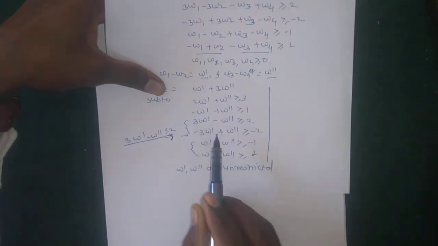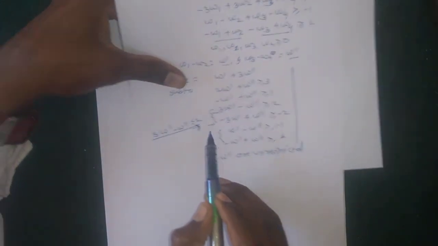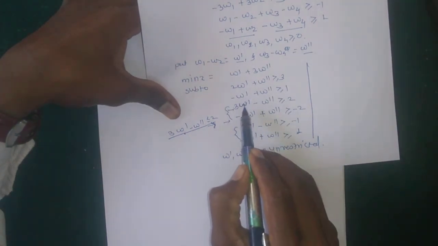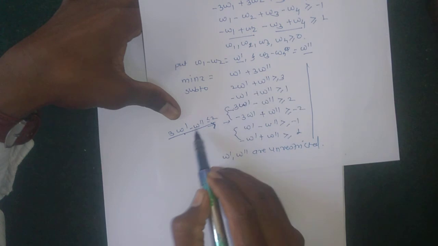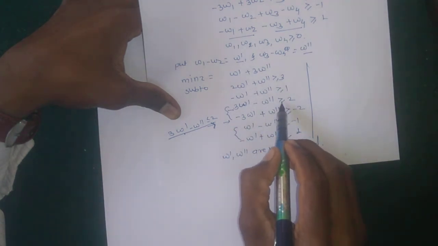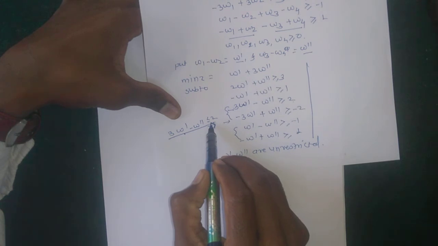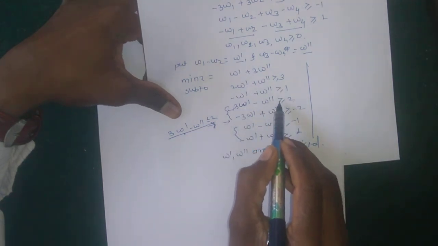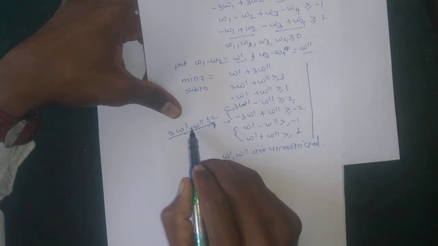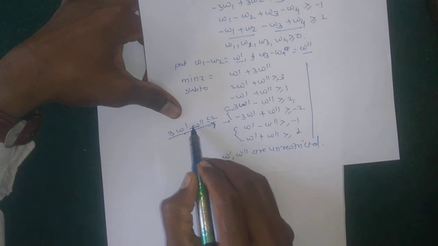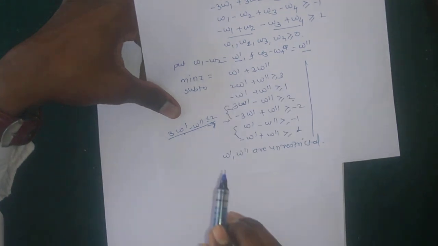In the third and fourth constraints the LHS is the same, only the sign changes. One is greater or equal to and the other is less or equal to. This means that 3w' - w'' = 2.